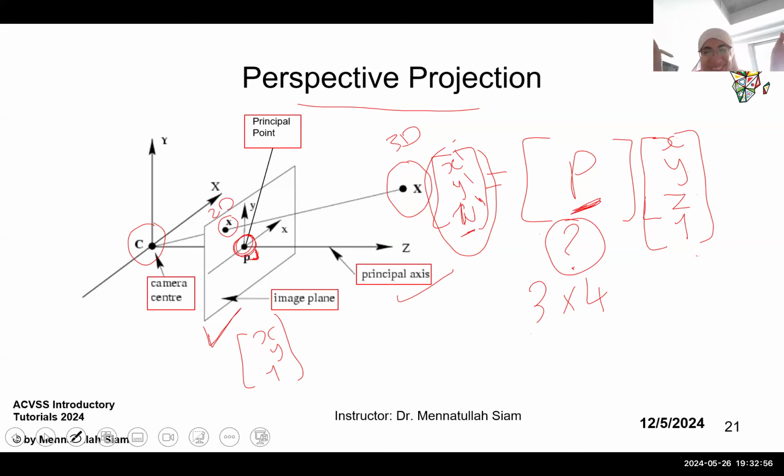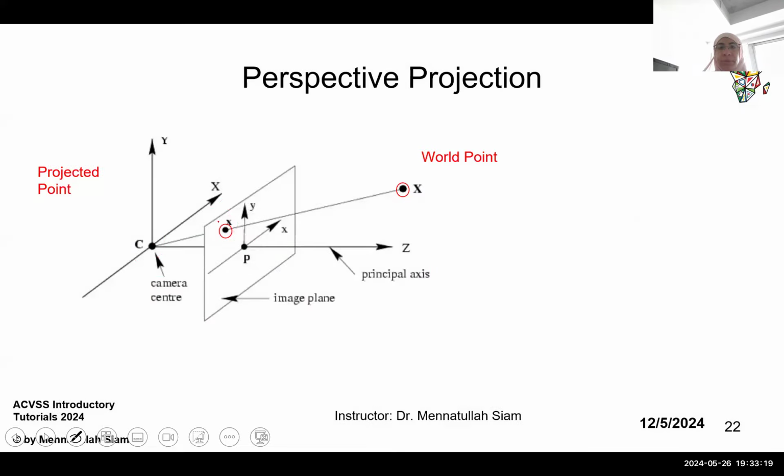I know there are too many terms, but you will see why they are important. We're going to go through how to construct it. So we have the location of the camera, our principal point, which is where the principal axis intersects the image plane, and our 3D point and its 2D projection.